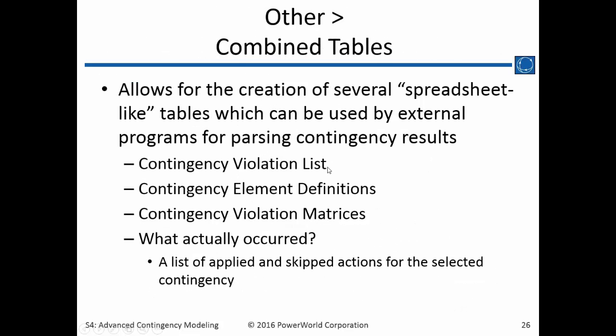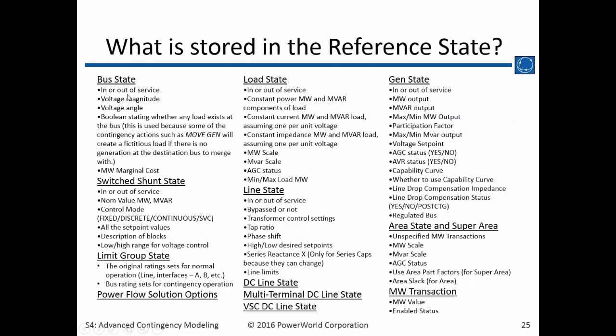But it suggests in here that you only change values that are actually stored in the reference state, because if not, then it would load that auxiliary file and then permanently change your case. So these are another list of variables that are stored in the reference state. If you change any of these, they'll get changed back properly when the reference state is restored. If you change anything else, then it could make a permanent change to your case.